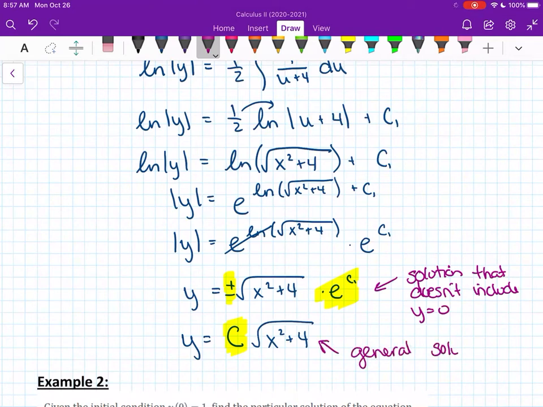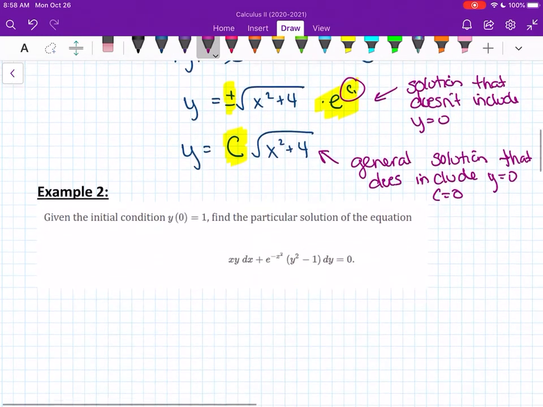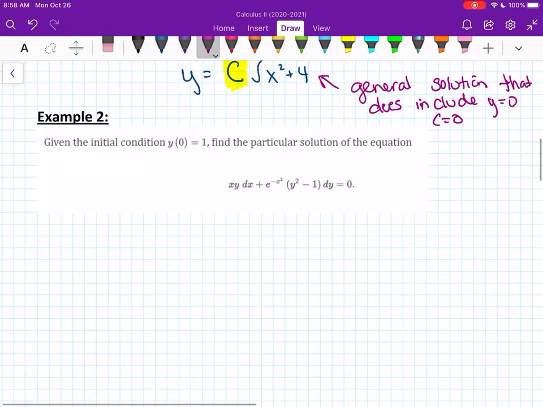And here I have a more general solution that does include y equals 0. And the reason why is because if c equals 0, I would get y equals 0. And there's no value for c sub 1 that I can plug in that will get that expression to equal 0. So now I don't need to state y equals 0 is also a solution. All right, let's try the next example.